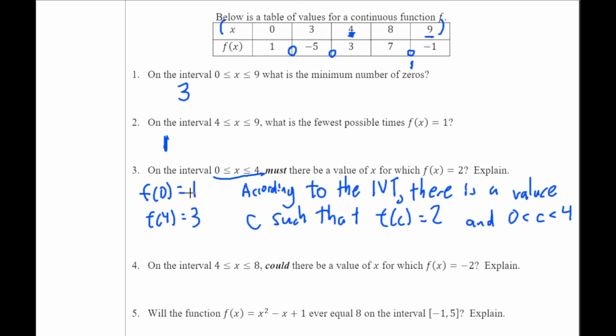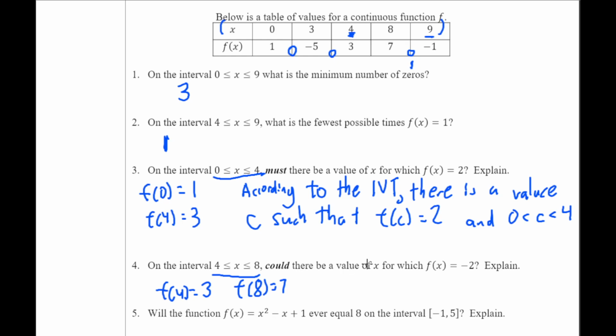Question 4. On the interval 4 to 8, careful, 4 to 8 now, be very careful with these. Could there be a value of x for which f of x is equal to -2? So let's see, f of 4 is equal to 3, and f of 8 is equal to 7.